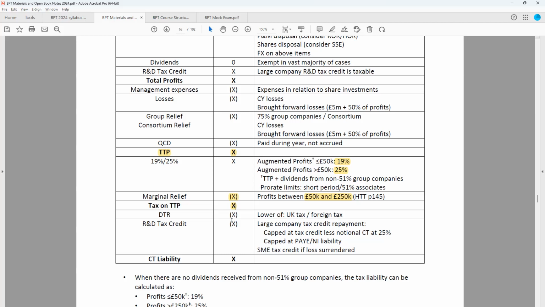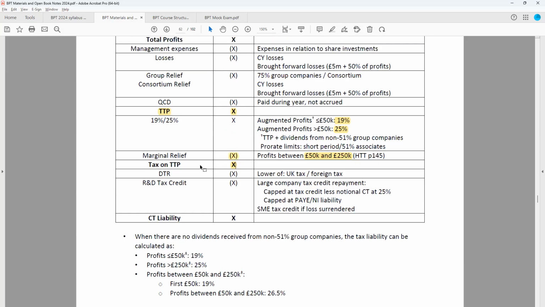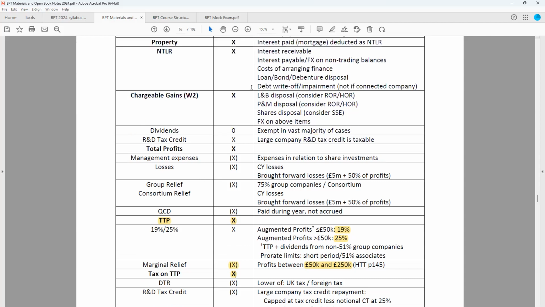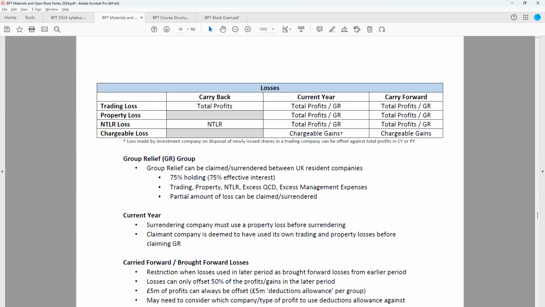Where we're more likely to see this examined in BPT is thinking about the best use of a loss, or the best use of AIA, for example. Because you could have different group companies paying tax at different rates, or you could have a company you're looking at over multiple years, which year would be the best year to use a loss, for example. So that's where we're most likely to see this in the BPT exam.